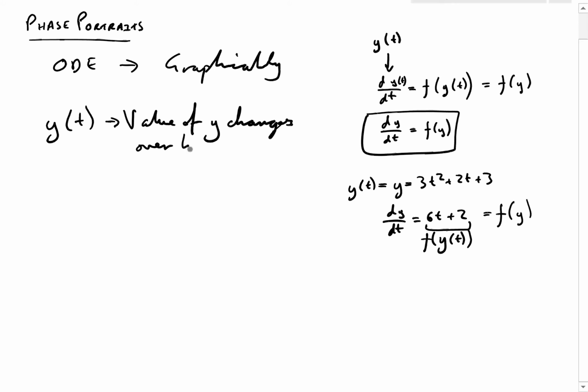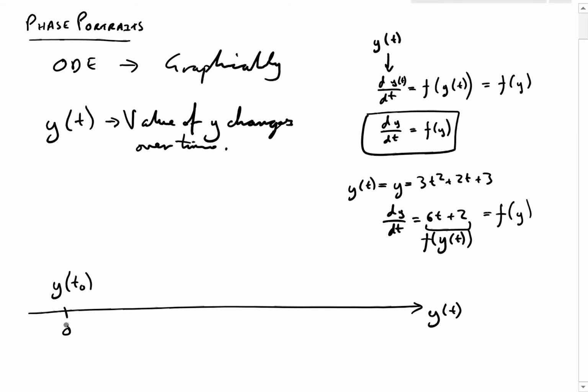over time. If I want to express that on a number line, I can do that quite easily. I've got a number line here, and this number line is y. It just shows how the value of y changes through time, because y is just going to be a number. So let's say at time 0, y of time 0 is going to be 0.